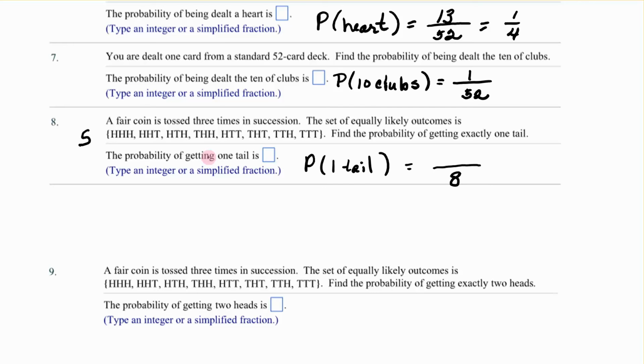Now, I wished it had said, we're going to have to take it literally, one and only one tail. Okay, so this outcome gives us one tail, this outcome gives us one tail, and this outcome gives us one tail. So the probability of getting one tail is that event occurs 3 ways. So the probability is 3 out of 8.